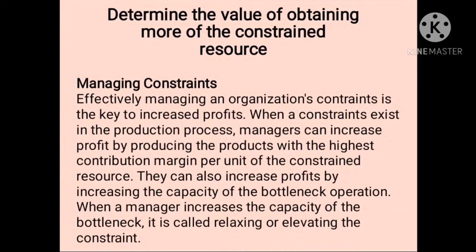When a constraint exists in the production process, managers can increase profit by producing the products with the highest contribution margin per unit of the constrained resource. They can also increase profits by increasing the capacity of the bottleneck operation. When a manager increases the capacity of the bottleneck, it is called relaxing or elevating the constraint.